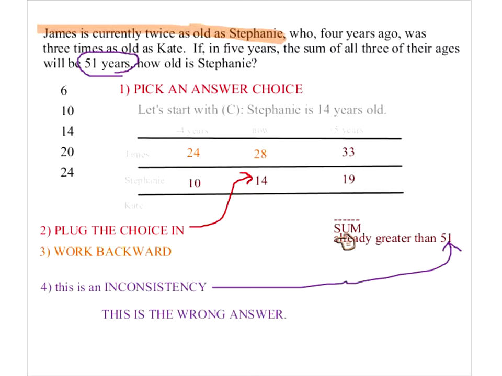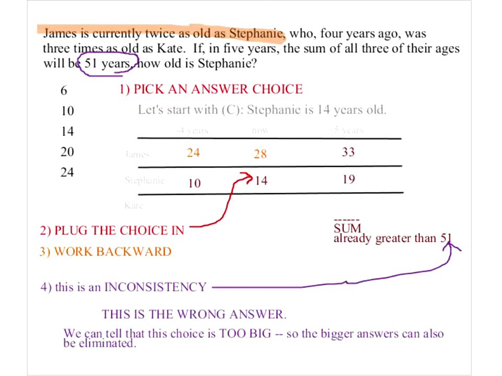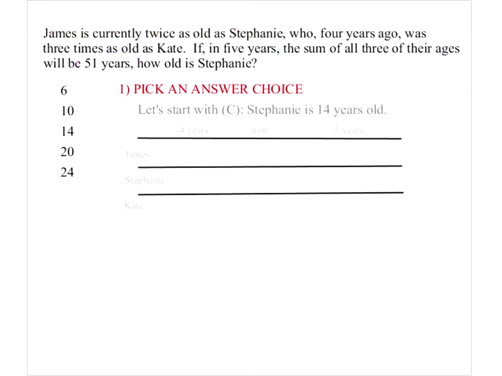Yeah, everything that is greater. So because the middle choice is incorrect, we can tell that this choice is too big. So the bigger answers can also be eliminated. So based on this, we've crossed off 3 choices already. 14 is gone. 20 is gone, and 24 is gone.